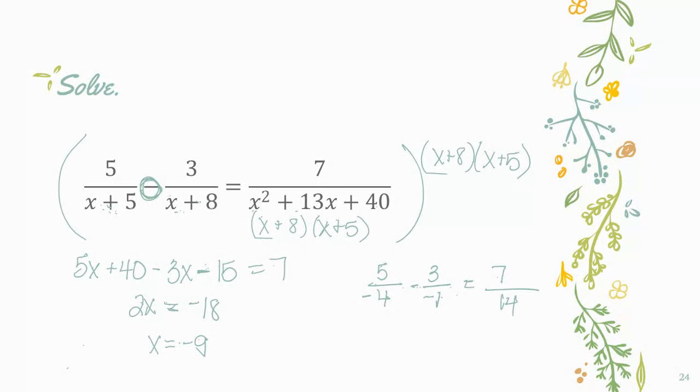So negative 5/4 plus 3, which would be 12/4. 12 minus 5 is 7. So we get 7. So I think that checks. Again, my mental math might be a little off, but I'm pretty sure that it checks. So x equals negative 9.